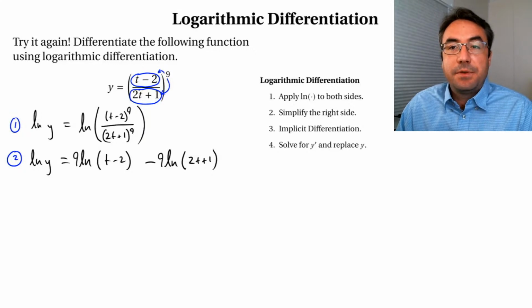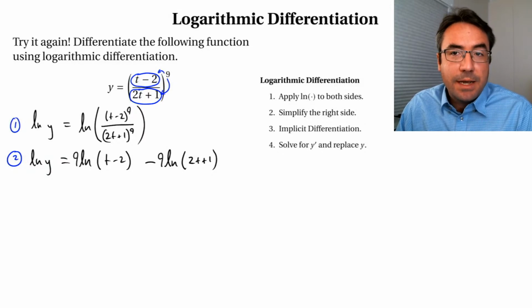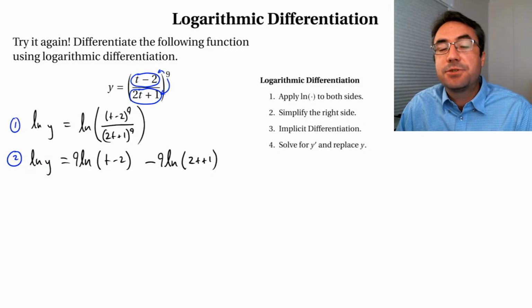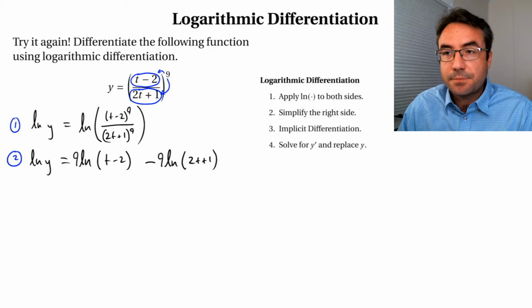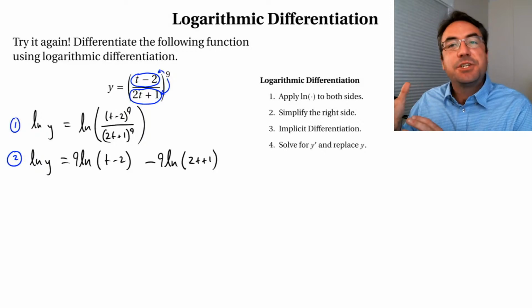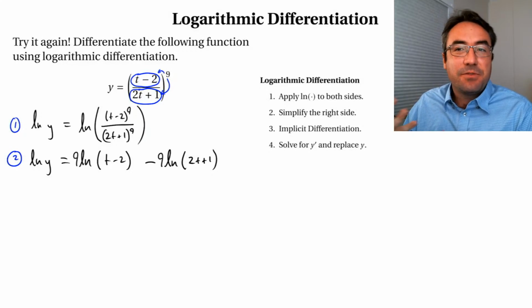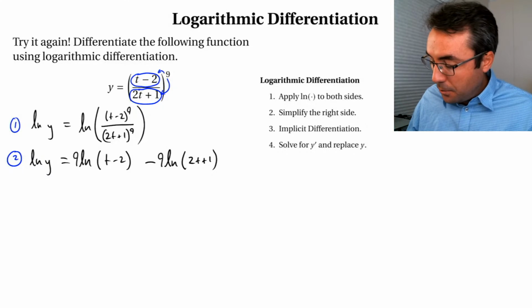So we have this simplified expression now of natural log of y equal to 9 times the natural log of (t minus 2) minus 9 times the natural log of (2t plus 1). So that's about as far as we can go. When we have addition or subtraction inside the log function, we can't simplify that any further. So that's about as far as we can go.